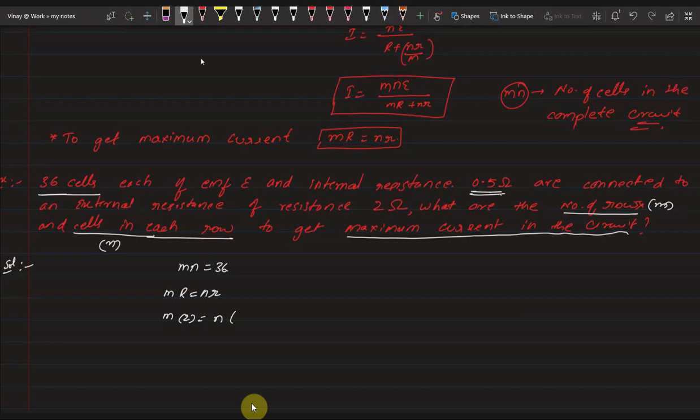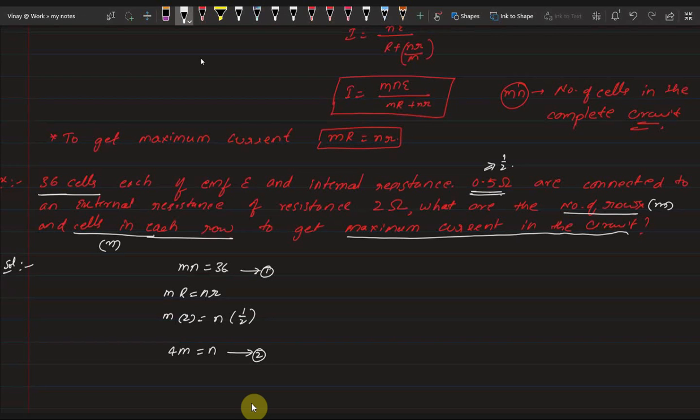Whenever the problem is given in decimals, try to convert to fractions, then the calculation will be very simple. Then 0.5 ohm can be taken as 1 by 2 ohm. So bring 2 here, then 2 into 2, that is 4m is equal to n. Did you understand this point? Take it as equation number 2.